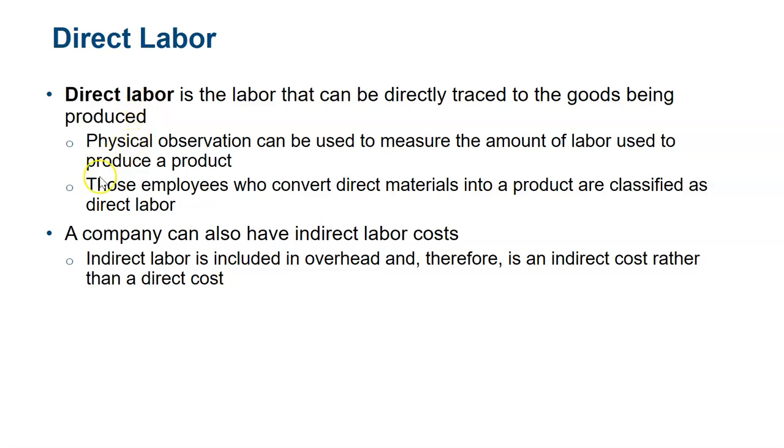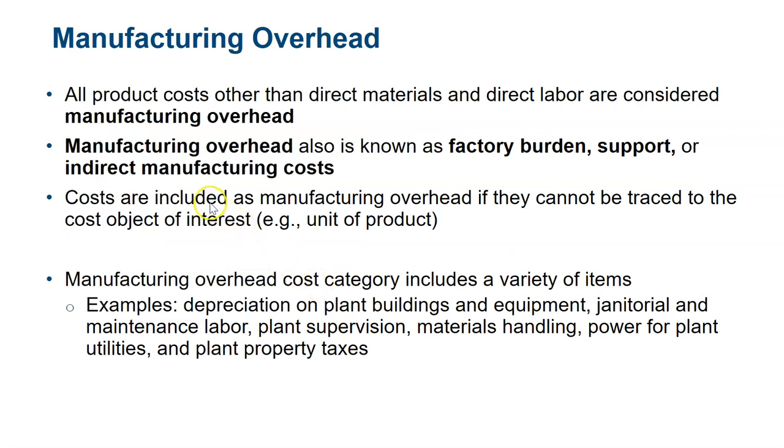But do notice here, it says that a company can also have indirect labor costs. And indirect labor is not as easy to trace. It's going to become a part of overhead, as are other things. So manufacturing overhead, it says all product costs other than direct materials and other than direct labor are going to be considered manufacturing overhead.